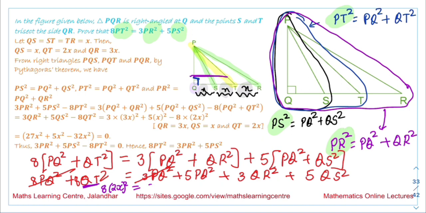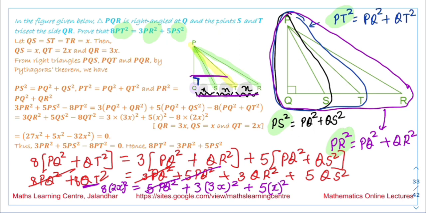On the other side, PQ square is already cancelled, so we have 3 times QR square, where the value of QR is 3x, that is 3 into 3x square, plus 5 times QS square, and QS square is x square.